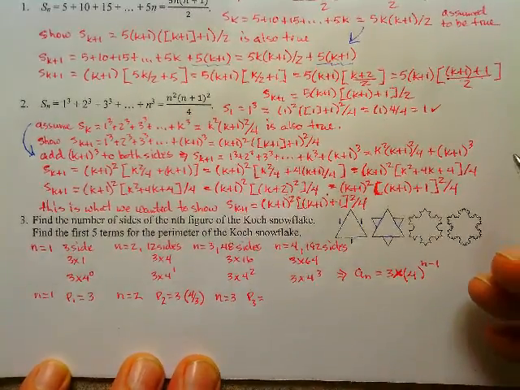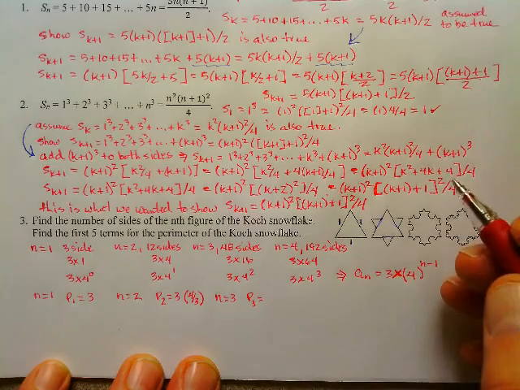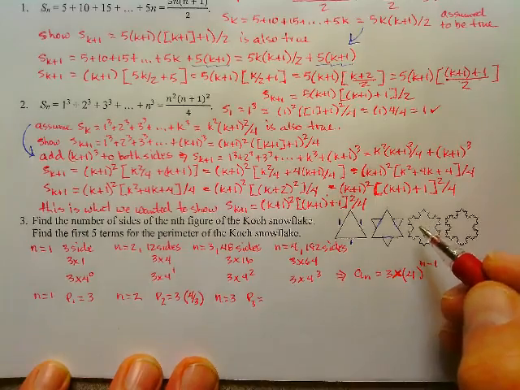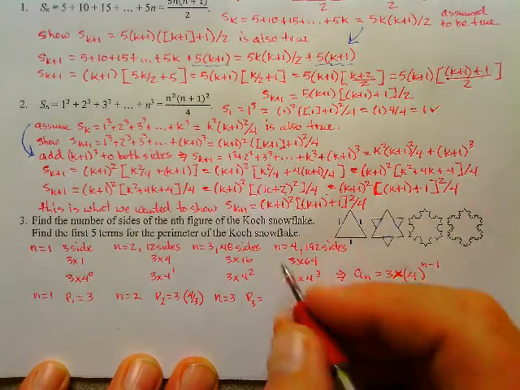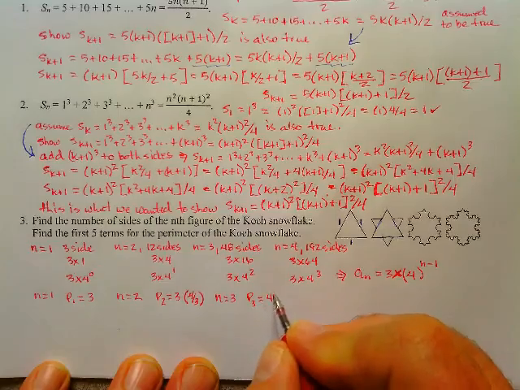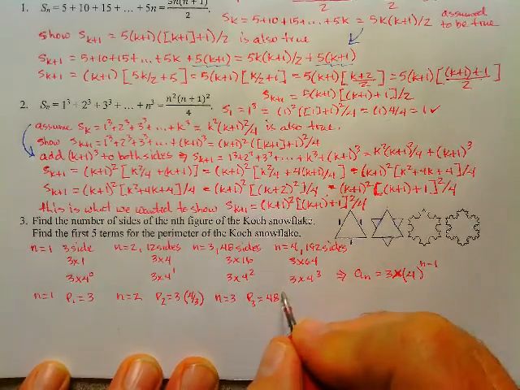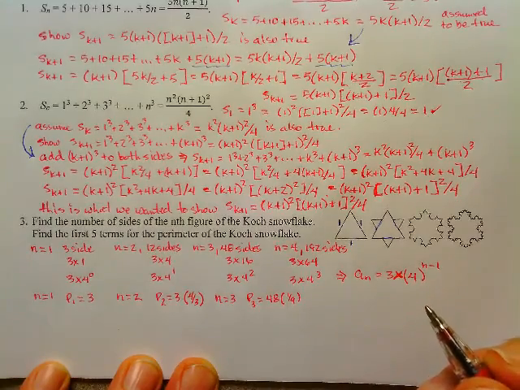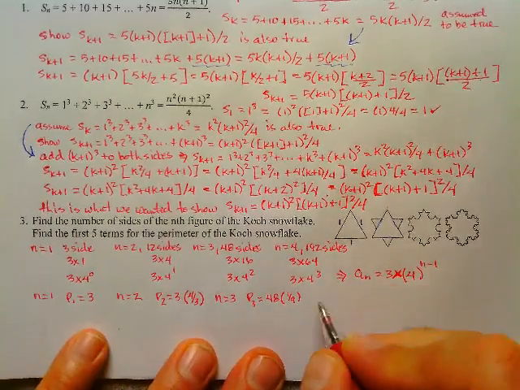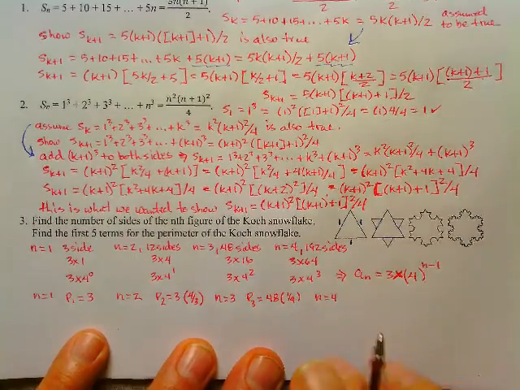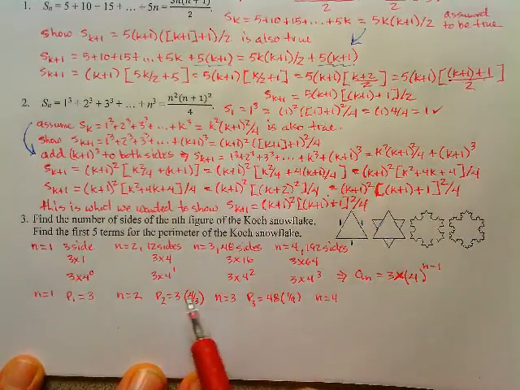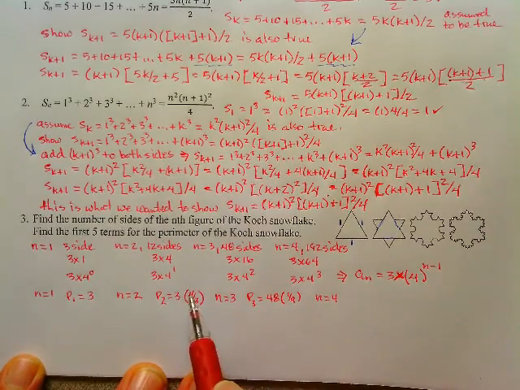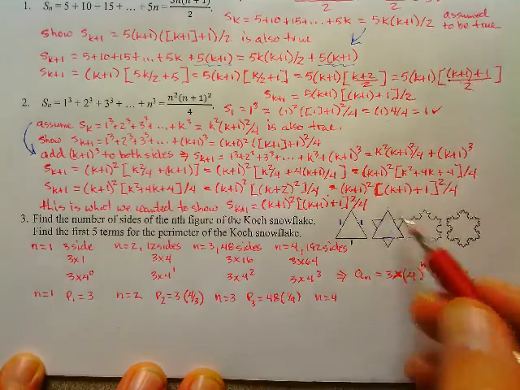Okay, so here I've got, boy, there's a lot of sides there. There's going to be 48, but each one of them is 1/9. For n equals 4, and by the way, 3 times 4 gave me my 12 sides, so I could have done that, but 3 times 4 is 12 over 3, each one's 1/3 of what it was.